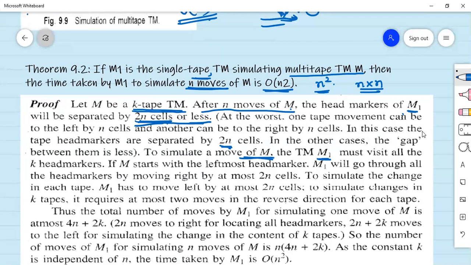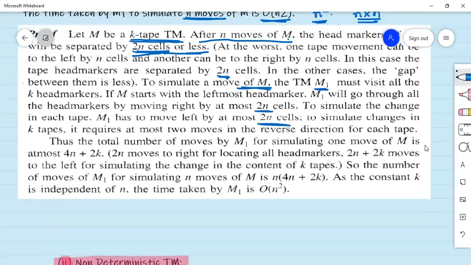So at the maximum, for each head marker, you are going to move 2n cells. You may have to move left by 2n cells in those tapes, go ahead, and again to come back to the original direction, extra moves. So the total number of moves by M1 for simulating one move will be 4n plus 2k. I hope this is clear.